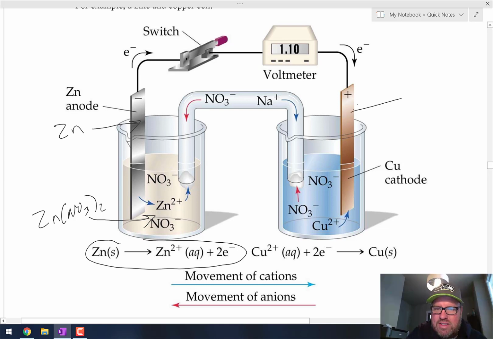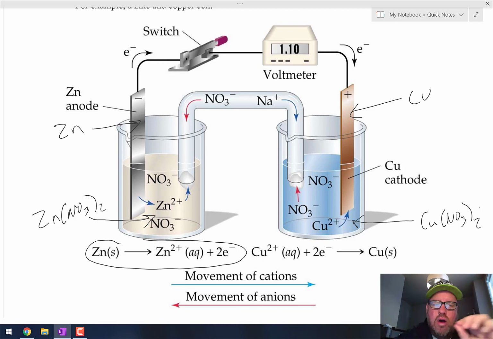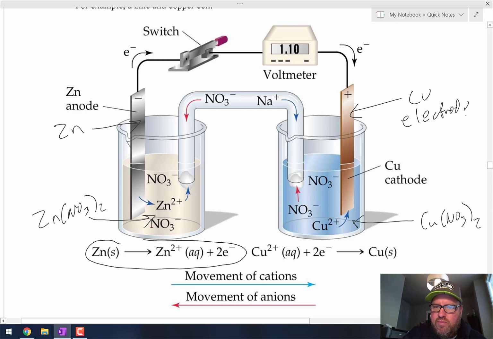On the right-hand side, we have a piece of copper metal in a solution of copper 2 nitrate. The pieces of metal are called electrodes. This is the copper electrode, and this is the zinc electrode.